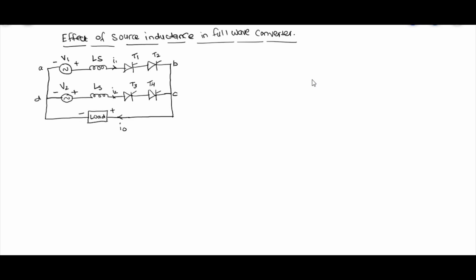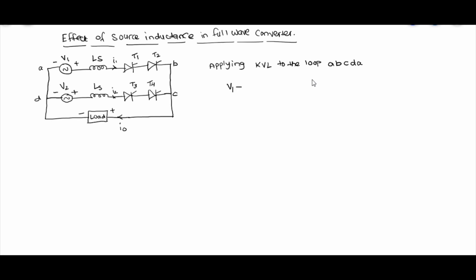Let us apply KVL to the loop A, B, C, D and A. What is the equation you will get?